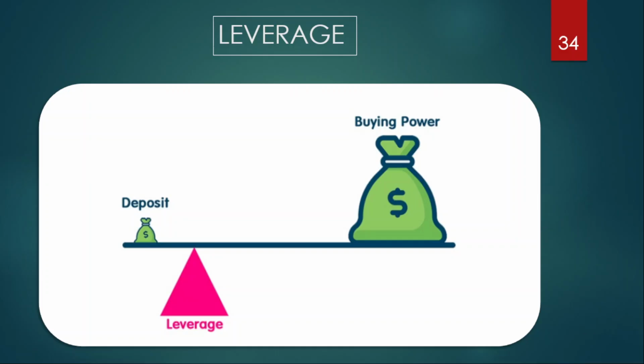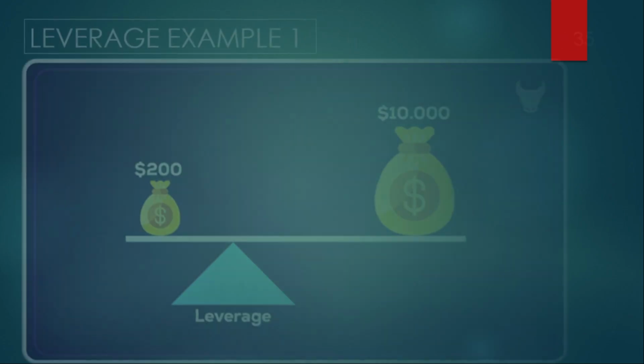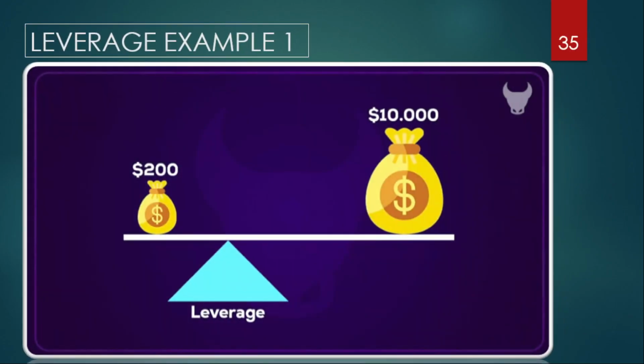Let's make an example. Suppose that you have $200 in your account, and then you are given access to leverage. Because of leverage, you can now make orders that are equivalent to when you had $10,000 in your account.